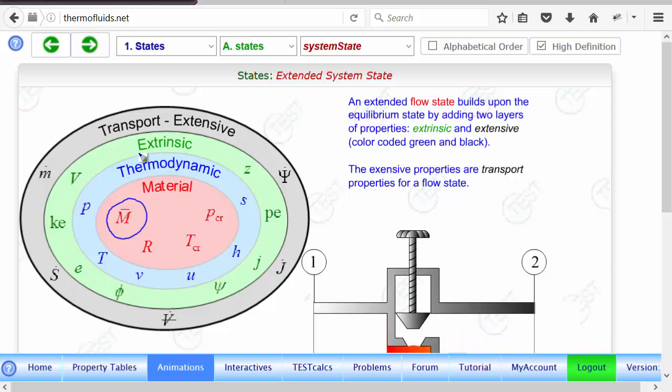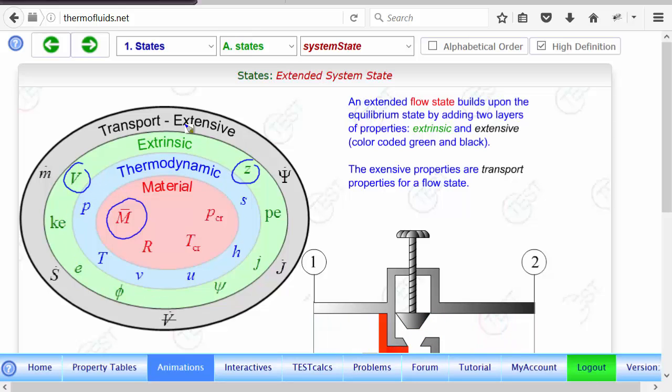And of course, we have the extrinsic properties that depend on the whim of the observer, and these values are not intrinsic. You notice that we also have color-coded properties. The material properties are always in red in our symbolic notations, thermodynamic properties in blue, extrinsic properties in green.